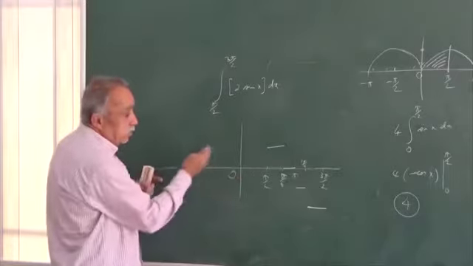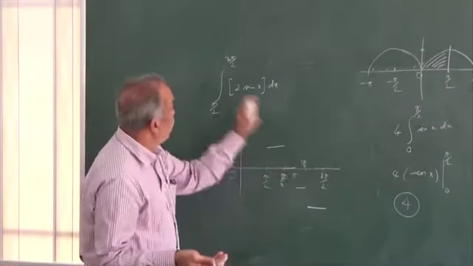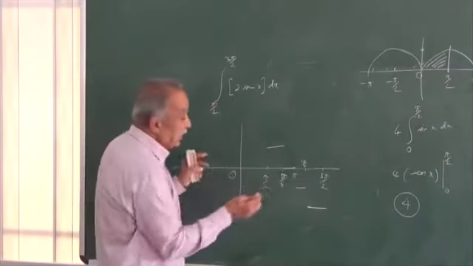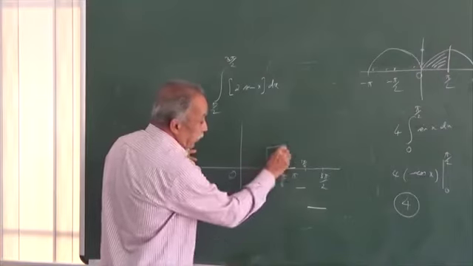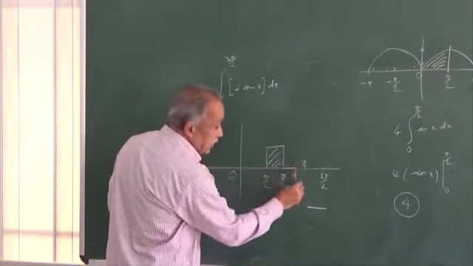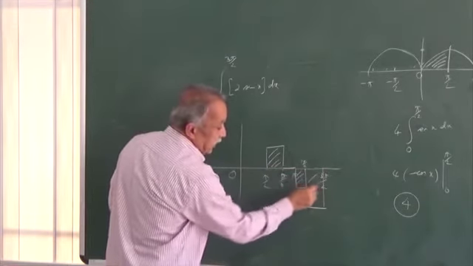Okay. Coming to the entire interval, I have covered it. Pi by 2 to 3 pi by 2 is my interval of integration. Entire interval has been covered. What I am required to find is this rectangular area minus area of this rectangle minus area of this rectangle.